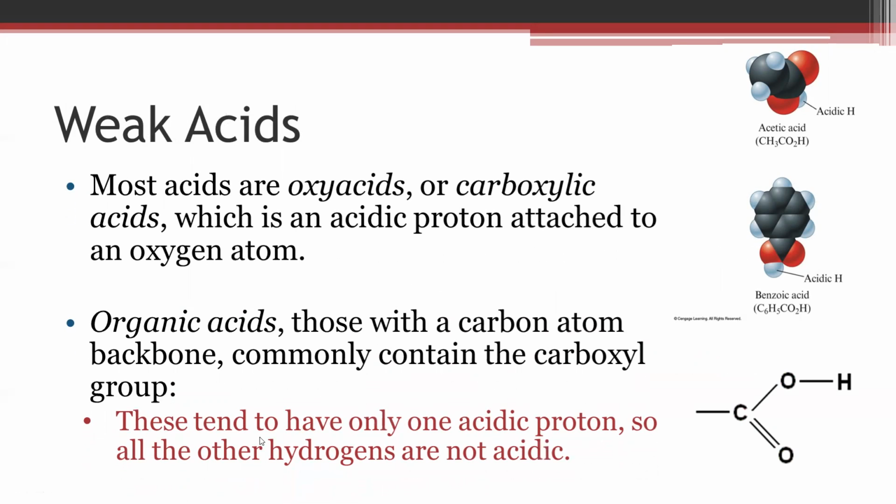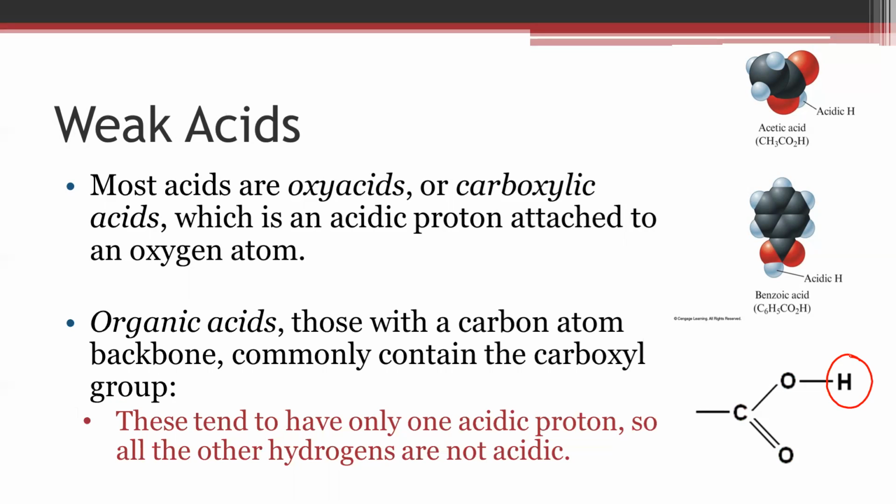So I have two examples, acetic acid and benzoic acid, that both have a hydrogen connected to an oxygen. The hydrogen out here would be the acidic proton, and all the other hydrogens within the compound are not acidic. Only these oxygen-connected hydrogens would be.